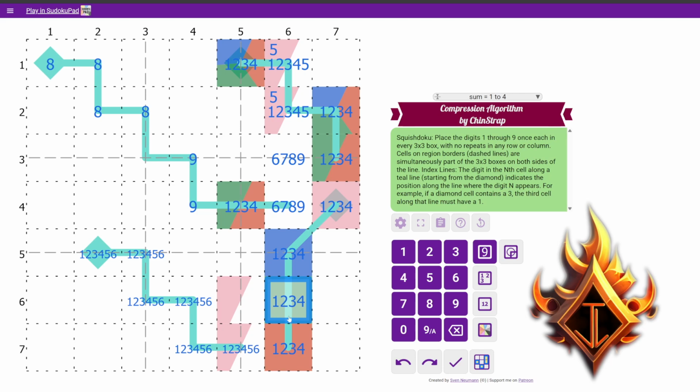No, because if green or red are here, where are they going to go here? And the answer is nowhere. In this 3x3 box, green and red went there. So this is not blue. And this is.